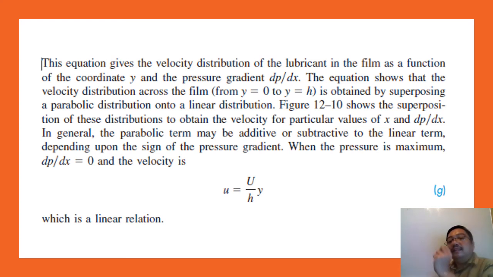This h is so small you cannot see with your eye. But to explain the theory, the picture is made as a big gap, but actually the gap is very minimum, you cannot see it with your eye, because of the weight of the shaft itself.